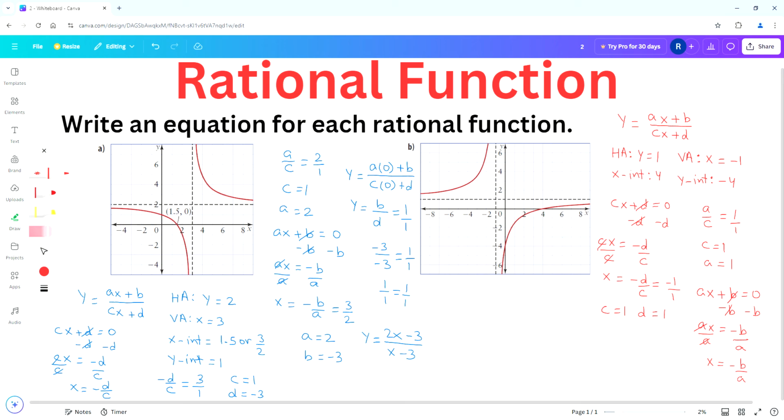As per the graph, the x-intercept is 4. So negative b over a should be equal to 4. The denominator of 4 is 1. So a is equal to 1 and b is equal to negative 4.